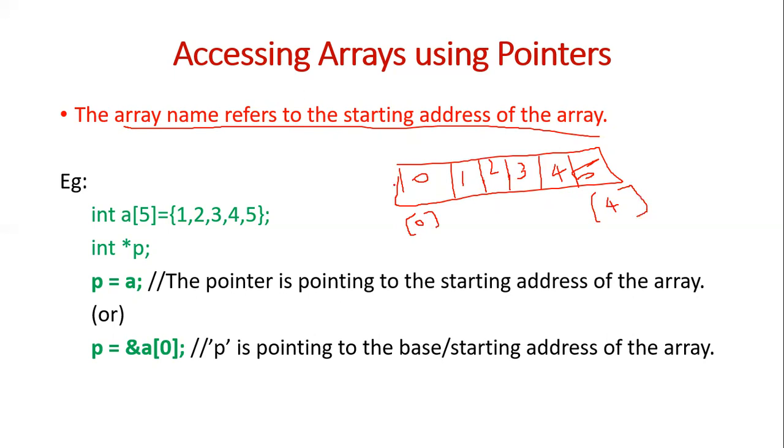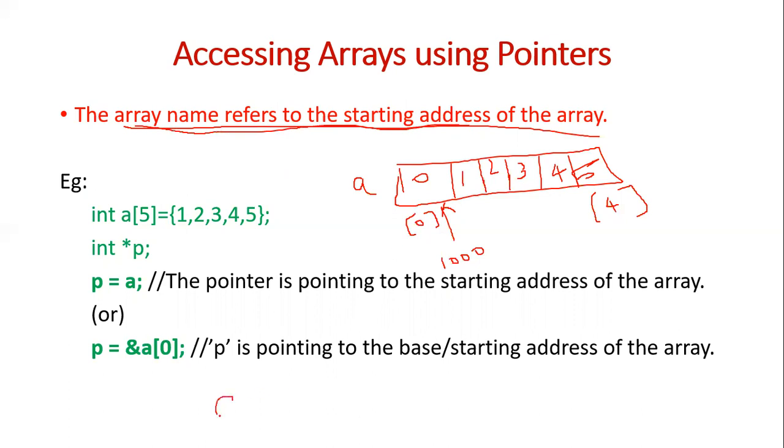Now let us assume the starting address, that is the address of A of 0, as 1000. So how to get the address, because a pointer should be assigned with the starting address, right? How to get the address? There are two ways to get the address. The array name itself refers to the starting address of the array.